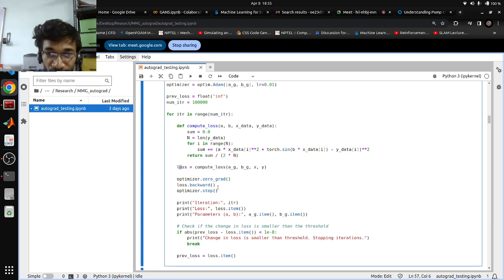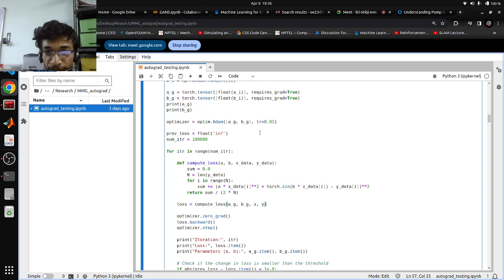Yeah, that is essentially what this step does. With loss.backward, in PyTorch there is something called a computation graph, so it will keep on storing wherever this ag and bg were used, and in this case we are using it only for this function. We are computing the loss as a function of ag and bg.